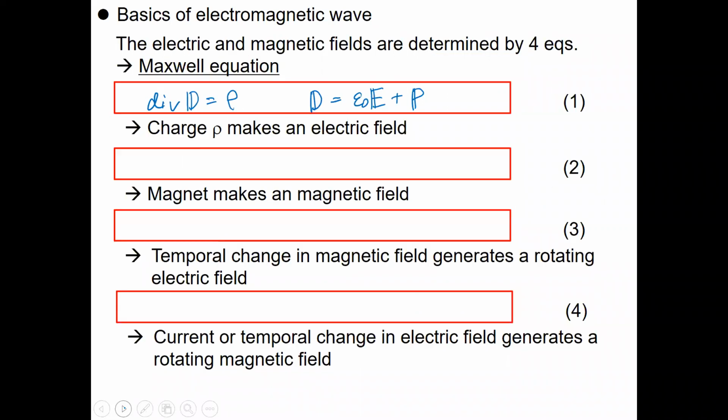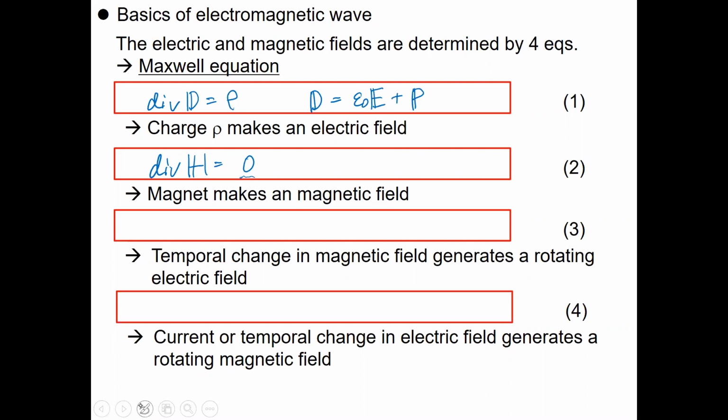Right? And then the second equation is also similar: divergence H equals 0. In this case, if you have a magnet, you can put some magnetic value here and generate a magnetic field.